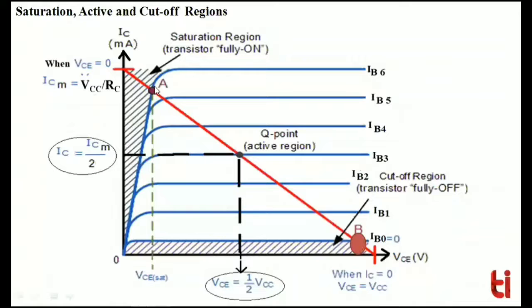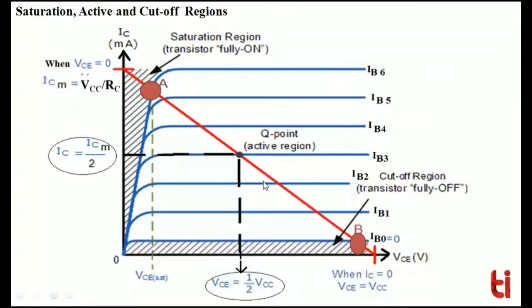And the region between point A and B, where point A is the saturation point and point B is the cutoff point, is called the active region. And this is the normal operating region for the bipolar transistor, where the bipolar junction transistor acts as an amplifier.